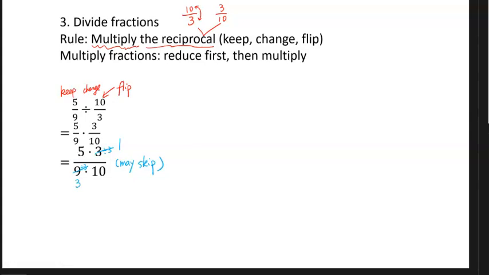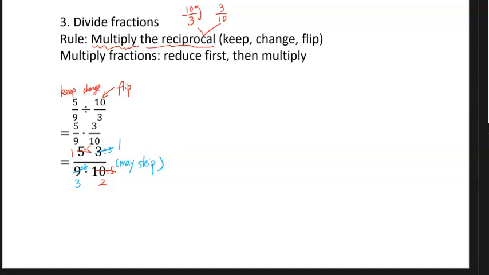And 5 and 10, they both have 5 in common, so we can reduce them down to 1 and 2. But even if you don't do this, as long as you know 5 is the numerator and 10 is the denominator, you can reduce them from the previous step, like I did just a minute ago. And you can reduce 3 and 9 directly from here. So you may be able to skip a step.